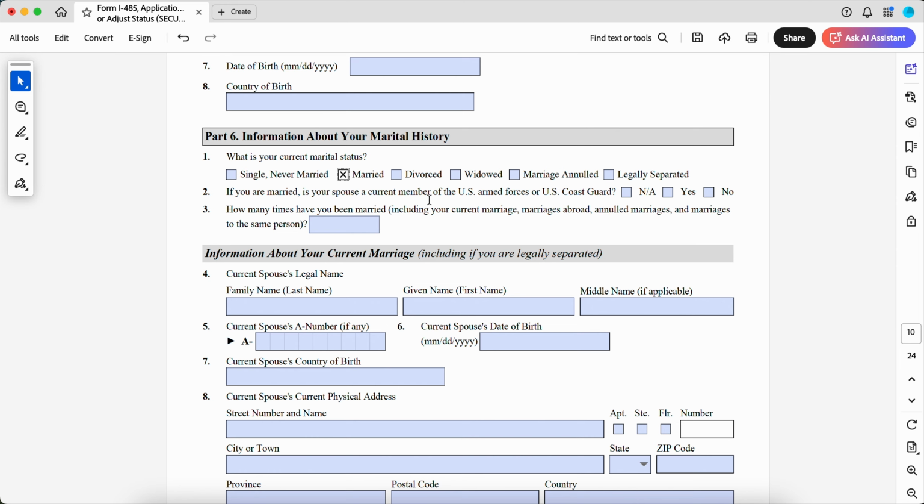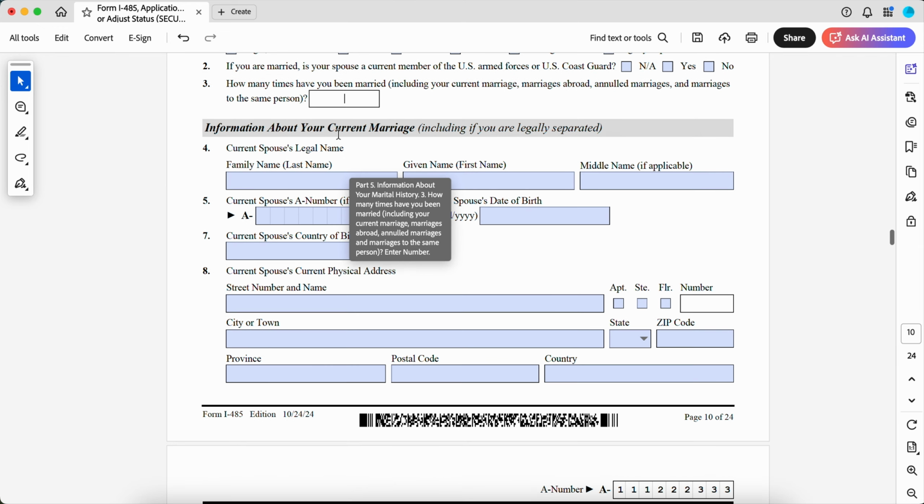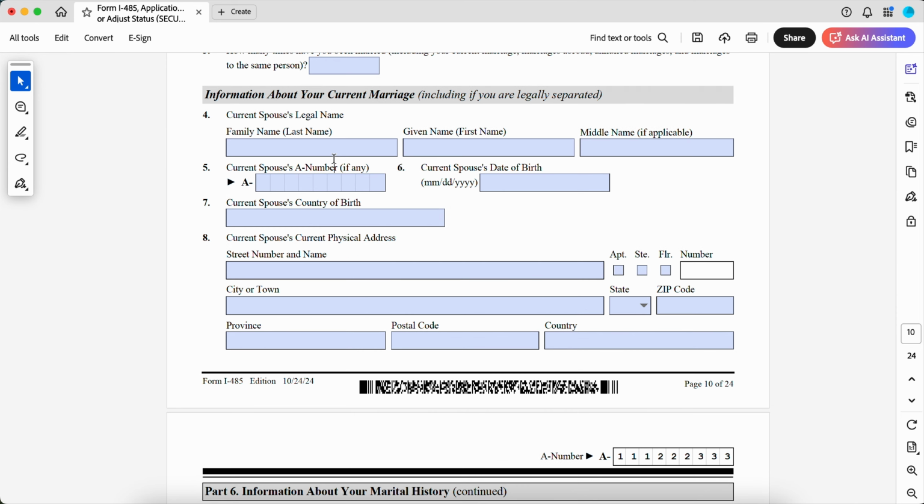And if your spouse is a current member of the US Armed Forces or US Coast Guard, well, you should ask your US spouse. How many times you've been married, including your current marriage. If it's your first marriage, you write one time. If not, you write the total times you've been married, including the marriage you have right now.